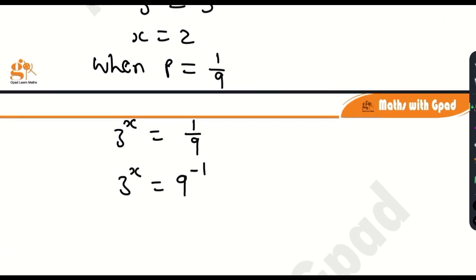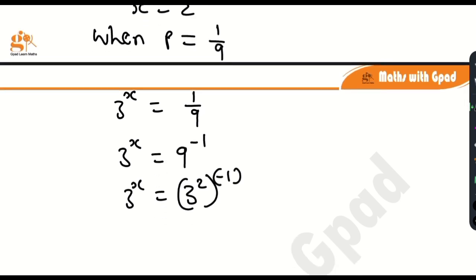So they still do not have a common base, so it's going to be 3 raised to the power of 2. 3 raised to the power of 2 is 9, but we still have the negative 1 exponent. So these two exponents are going to multiply together, and you are going to have 3 raised to the power 2 times negative 1, which is negative 2.